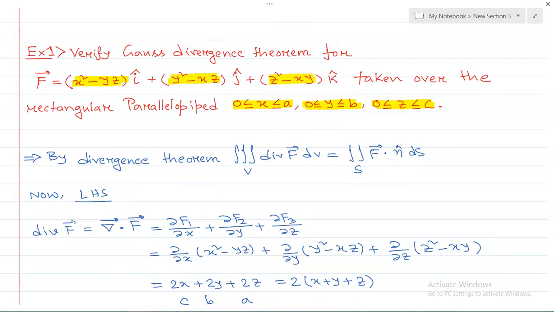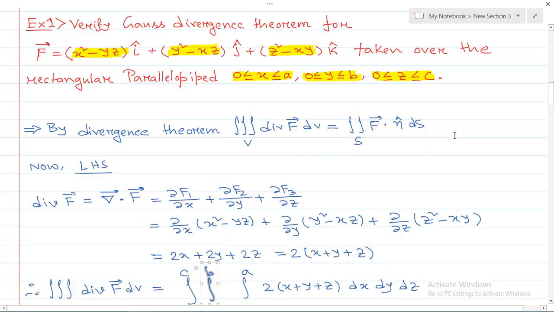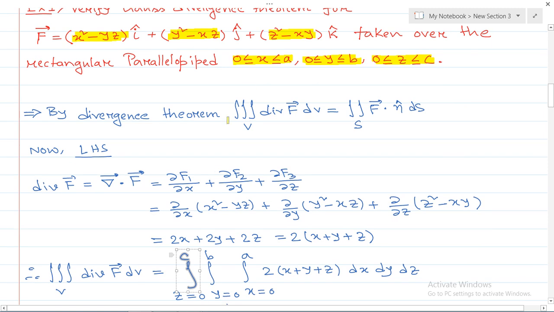So now let us start the solution part. We have to verify the divergence theorem. So we have to write down the statement of the divergence theorem first before we start the problem. That is, the triple integration over V of divergence of f dV will be equal to the double integration over S of f dot n cap ds, or f dot eta cap ds.